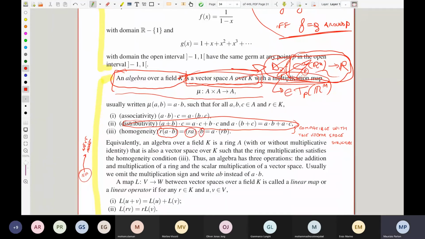Structures on top of other existing structures, you ask for compatibility. Otherwise, they are just two different structures. I mean, you can study them separately, right? You can study the multiplication and the vector space if they are not related, okay? This will be very important in the next lecture because we are now studying manifolds.